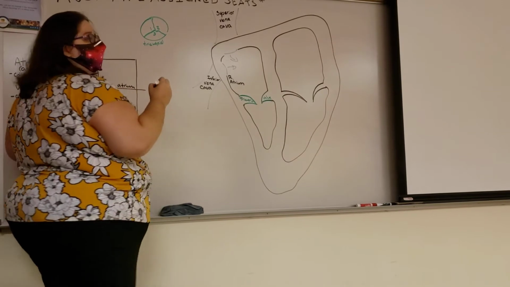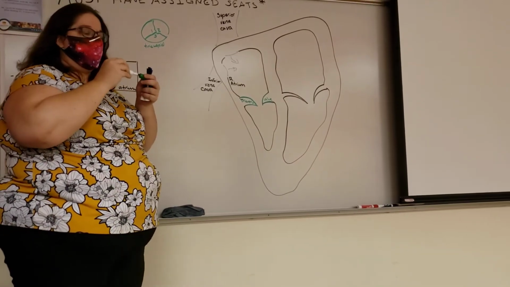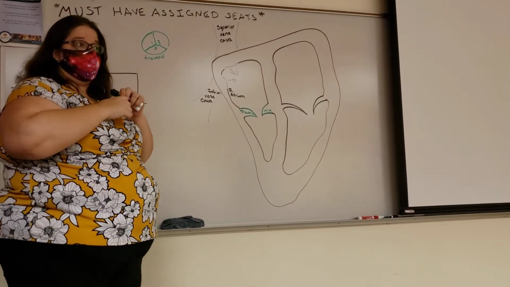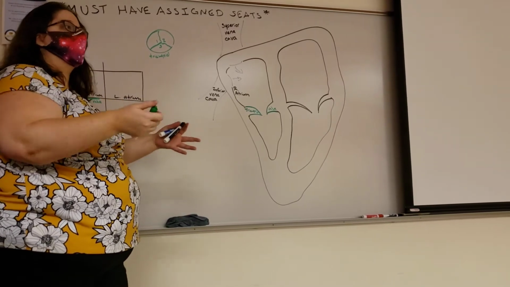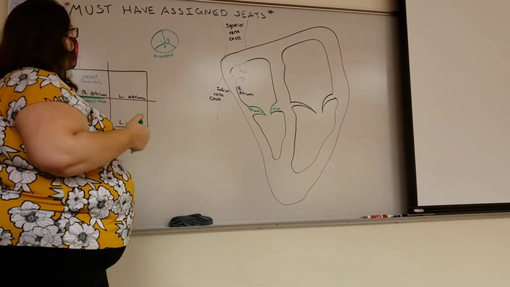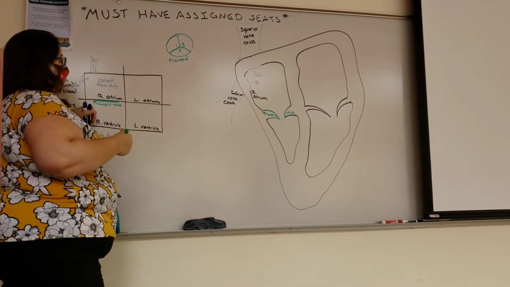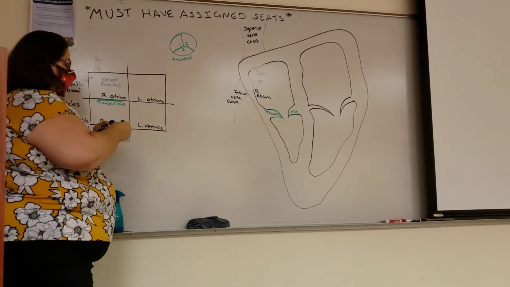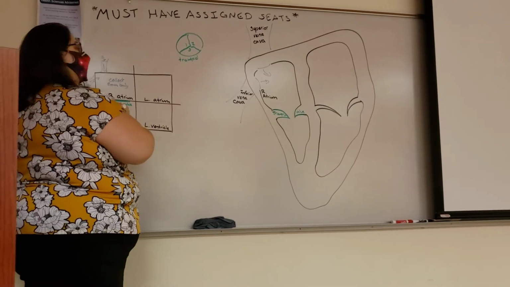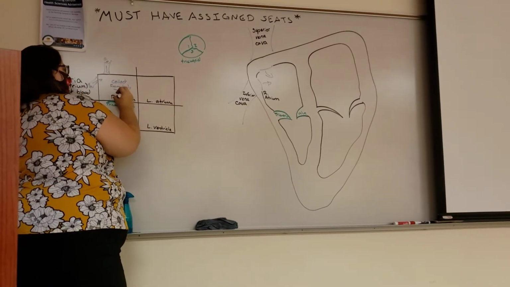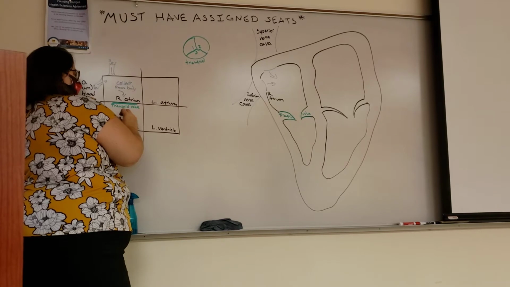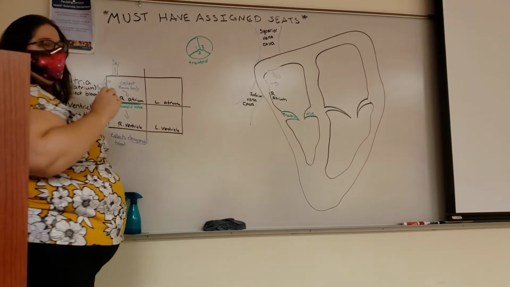So it has 3 cusps, or 3 little flaps. That's why it's the tricuspid valve. Tri means 3, like a tricycle has 3 wheels. So your tricuspid valve is on the right side. The blood has to flow through there once it's been collected in your atria. And then it gets into this right ventricle.